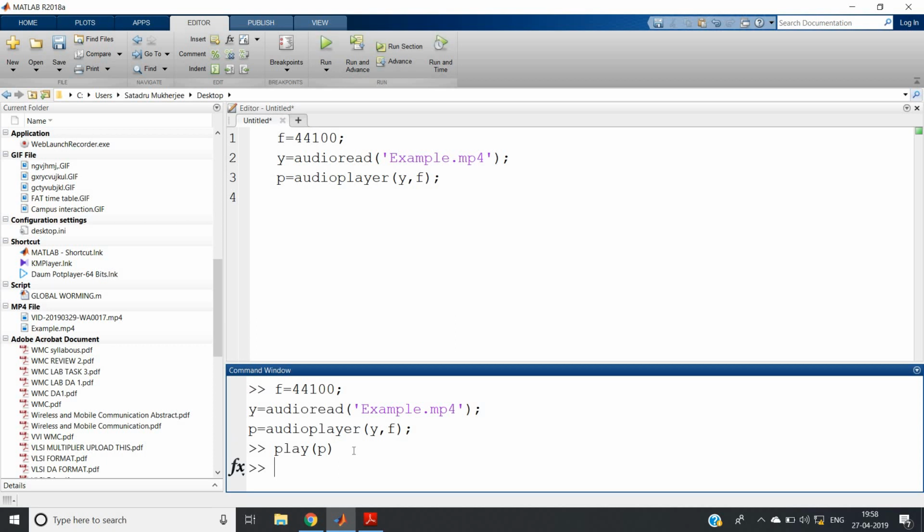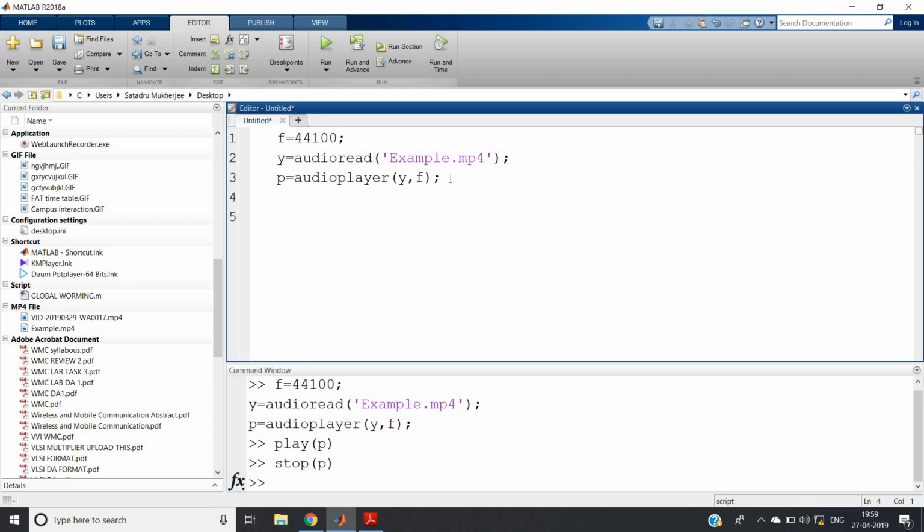Click enter. Let me stop this. It is sufficient for our purpose. So stop p is the command to stop it.